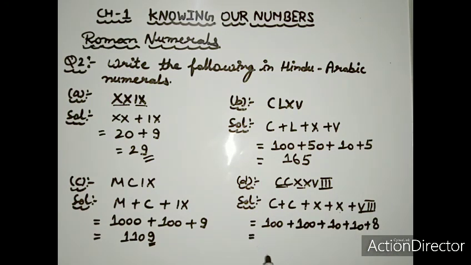Now we add these numbers: 100 plus 100, 200, 200 plus 10, 210, plus 10, 220, and 220 plus 8, 228.